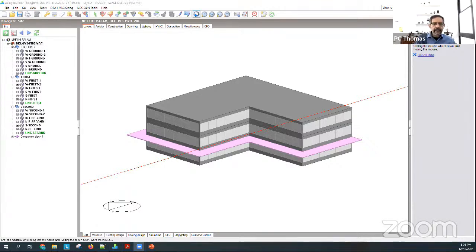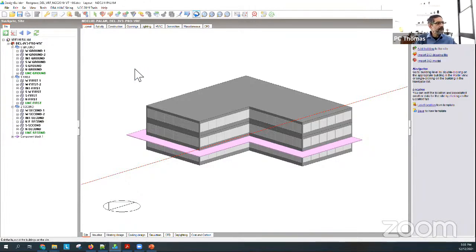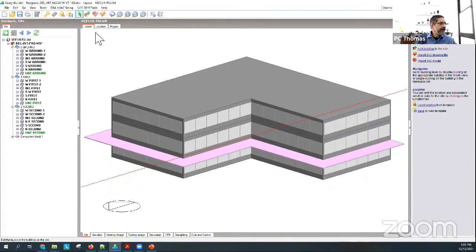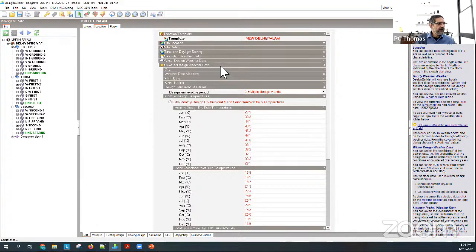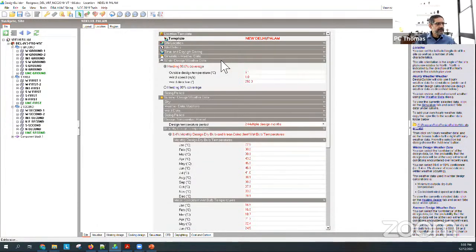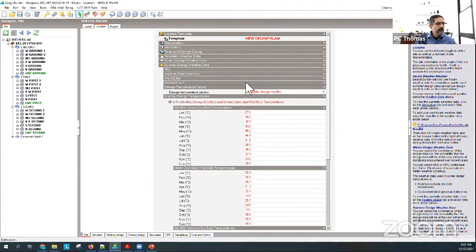Okay, and what I've done is at the location tab on the top there, if you go to the location, then you'll see here there's something called the summer design weather data, and something called winter design weather data. Okay, so we're going to look at the summer design data.